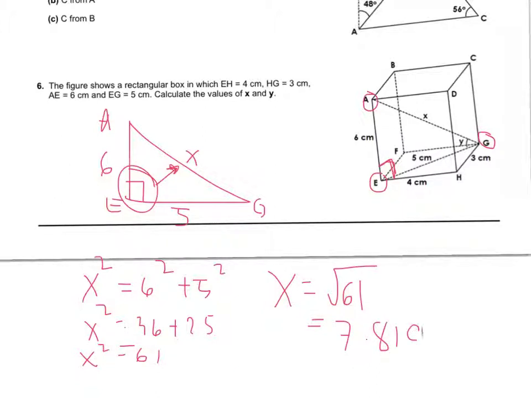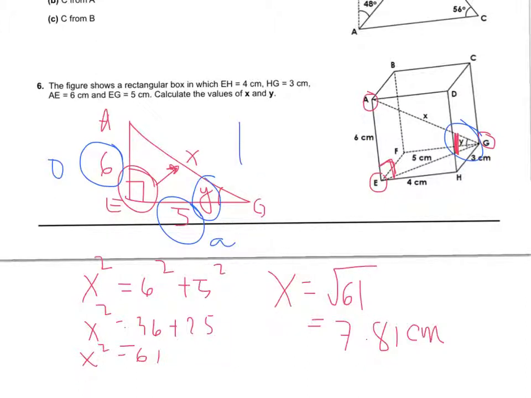So the measure should be in centimeters. And finally, for y, I hope you can see that y is the angle at G. This is the y. See that in the figure? Now, you can use SOH CAH TOA. So 6 and 5 are known. Opposite, adjacent: tangent.